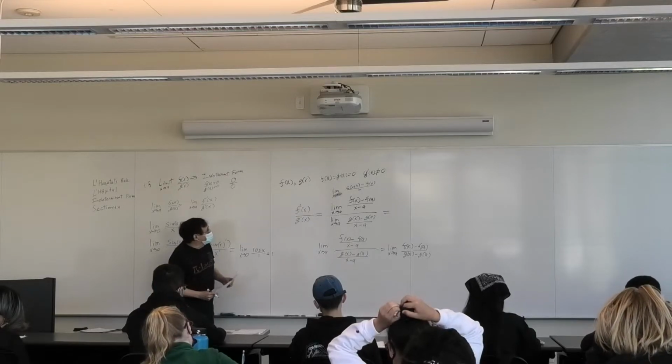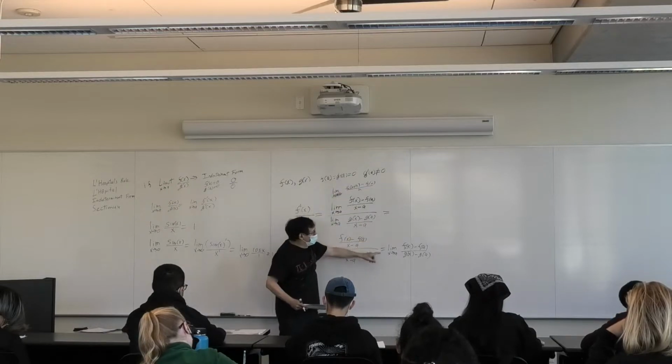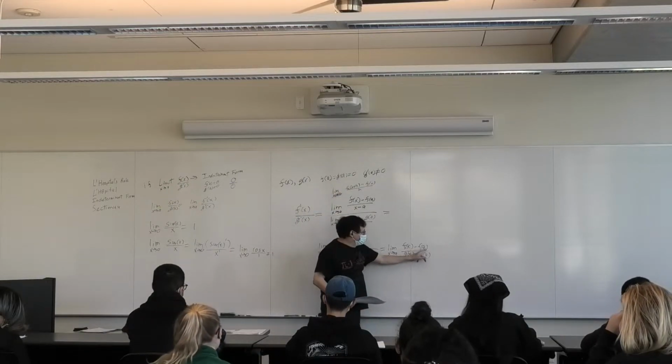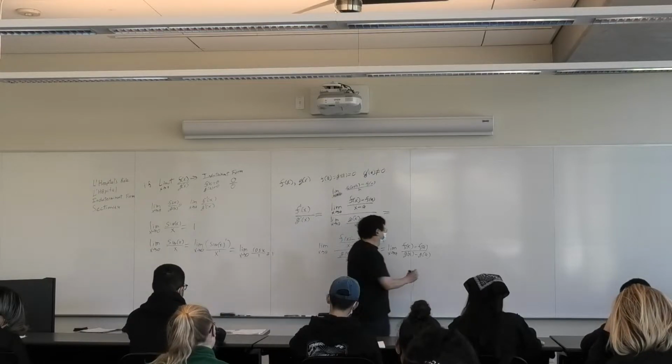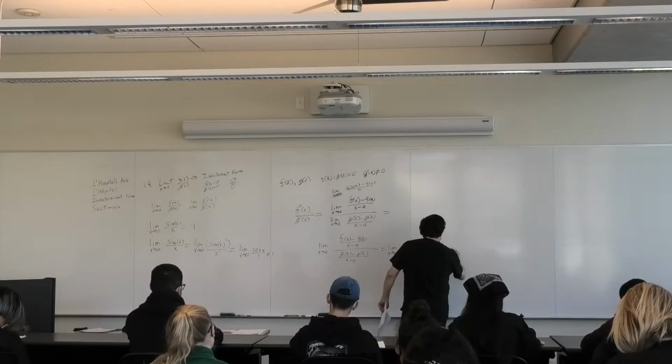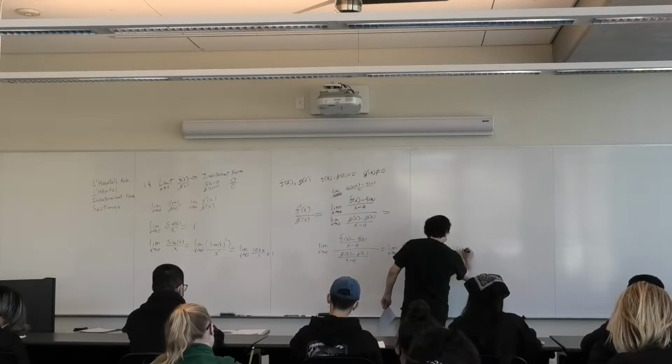And the final step is to remember our assumption that f of a and g of a are 0. So this is just the limit as x approaches a of f of x over g of x.